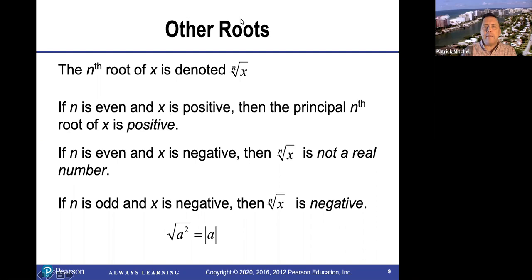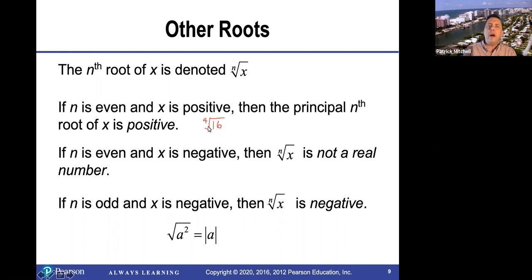And I think you really need an example here. So for example, to talk about the fourth root of 16, that would be a mystery number that when I raise it to the fourth power, I get 16.